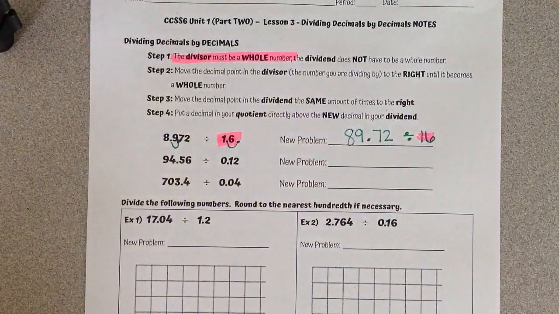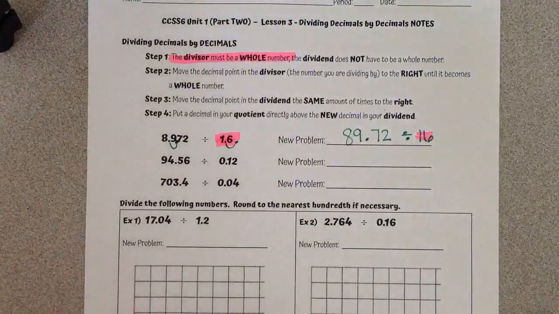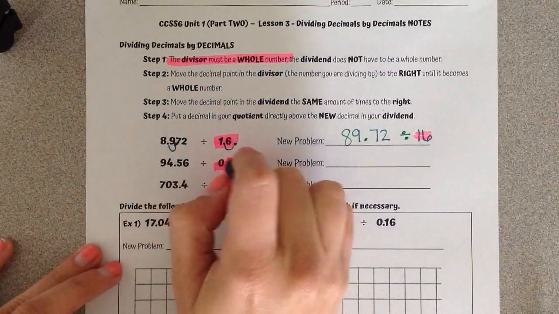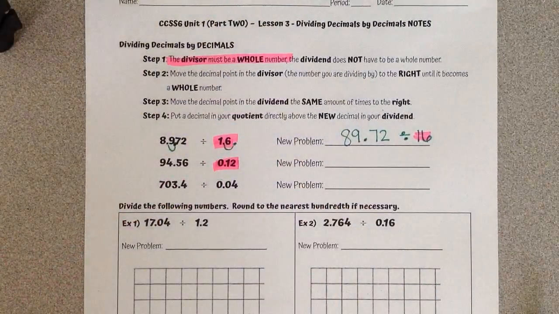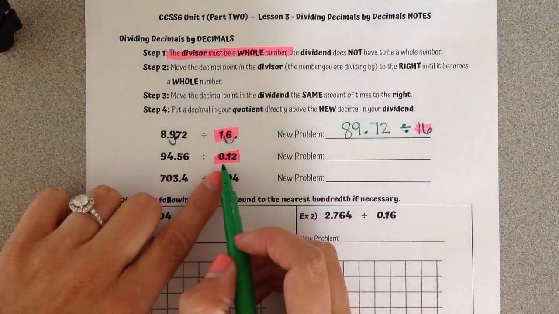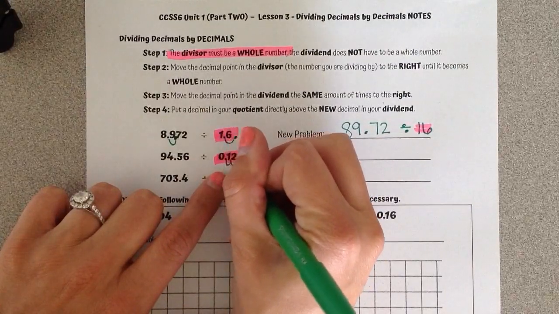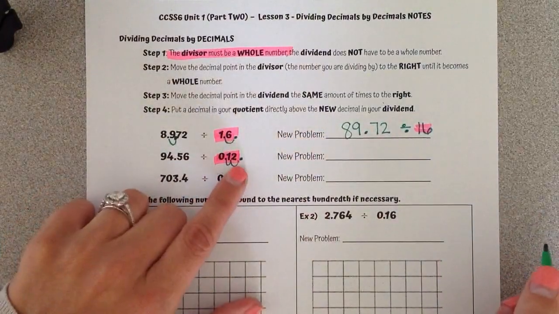Let's look at this example: 94 and 56 hundredths divided by 12 hundredths. Again, first thing I'm doing is highlighting our divisor, the number we're dividing by. This one has to be a whole number, so I'm going to move my decimal over. Since there's two digits, I'm going to move it over once, twice, so it's all the way to the right.